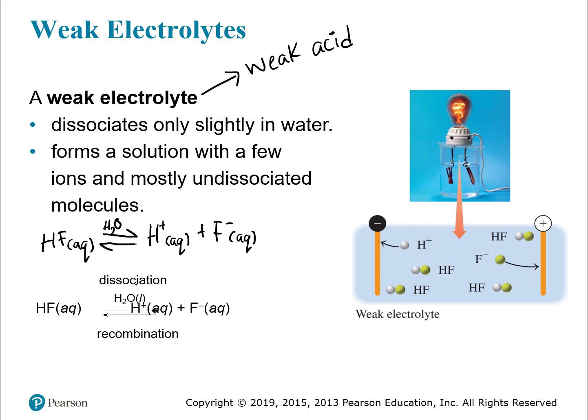So you notice here that we've got this kind of double arrow thing going on. That means that you're both dissociating and recombining to make the acid. So your acid is dissociating to make ions, and that's the forward direction.